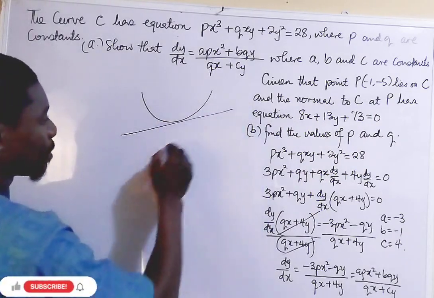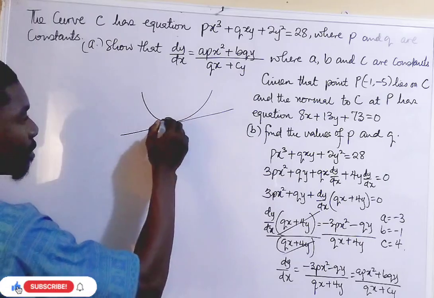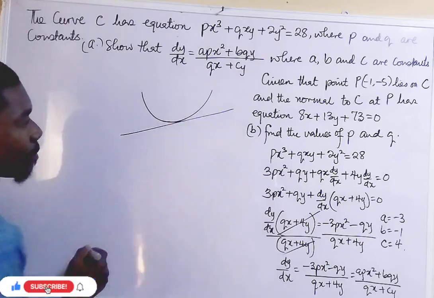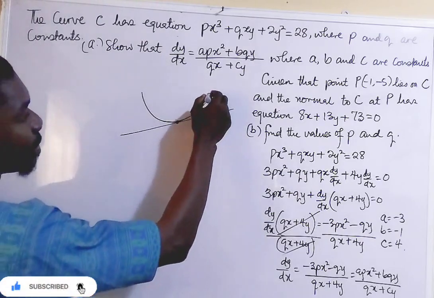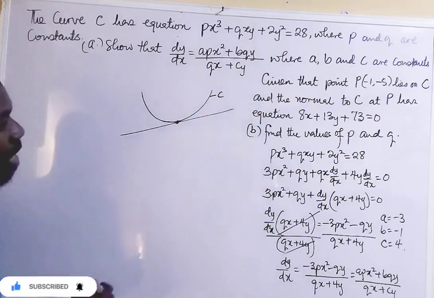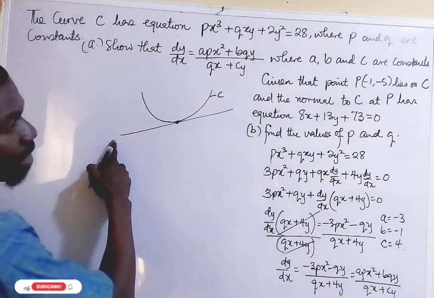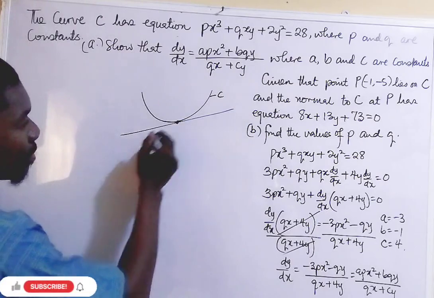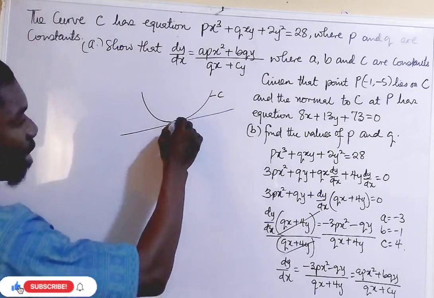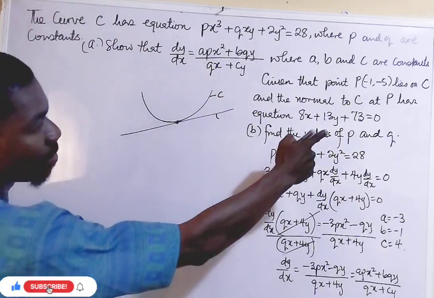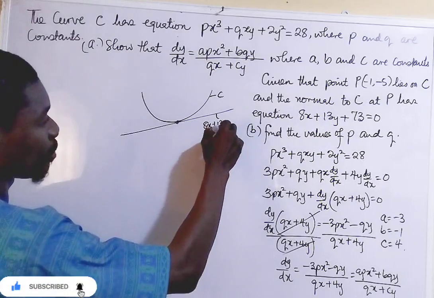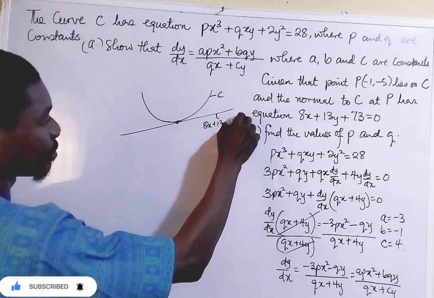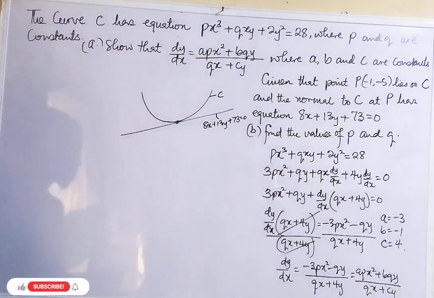Now, okay, this is the curve C, and this is the normal P. They meet here, and this is the line, with equation 8x plus 13y plus 73.